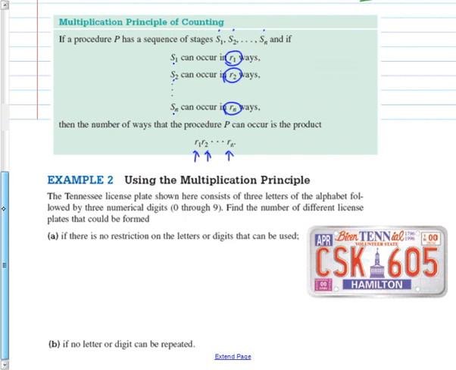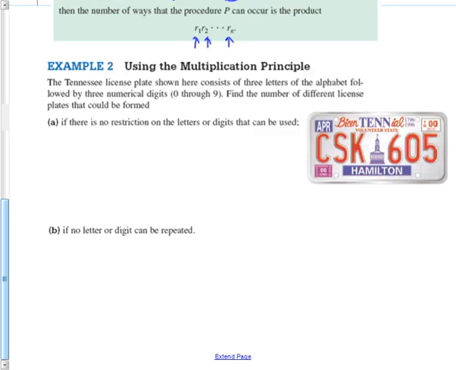So, if I have a license plate from Tennessee, it happens to have 3 letters of the alphabet, and then it is followed by 3 numerical digits, 0 through 9. What is the number of different license plates that can be formed? Well, how many different choices do I have for that first position? I have 26. And how many choices do I have for the next position?